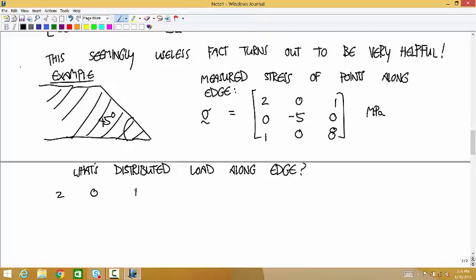Well, we take the stress tensor, multiply it by an outward-facing normal to that edge. So who can come up with the outward-facing normal to that if this is our coordinate system? So you can start here.